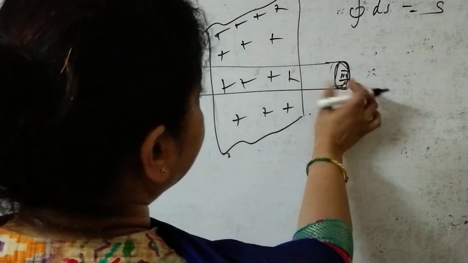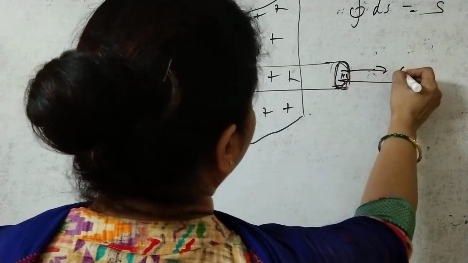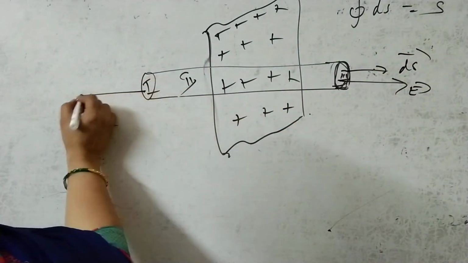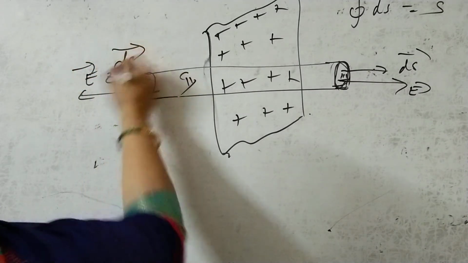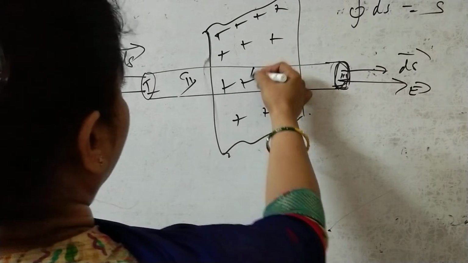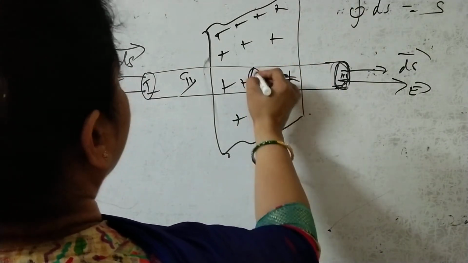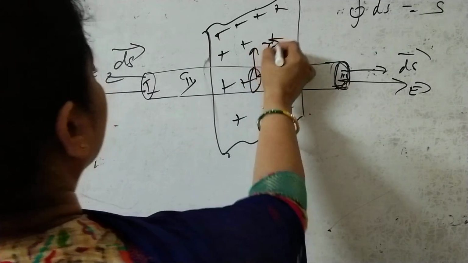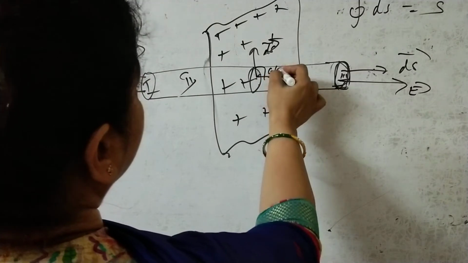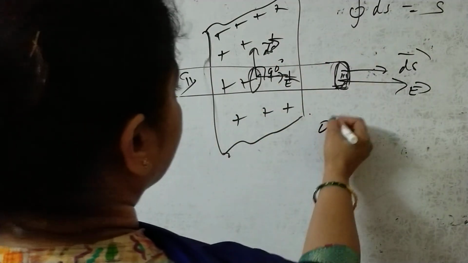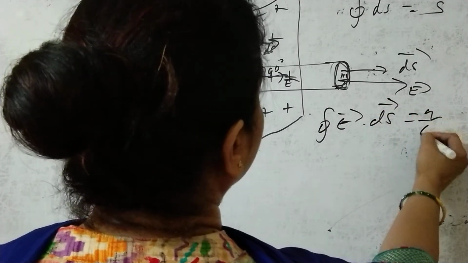For this part, the electric field is positive, going outward. The area vector is outward. For this part, the electric field is outward and the ds vector is also out. But for this surface, the electric field is in this direction, but the area vector is in the outward direction, so they make an angle of 90 degrees. If I go with the same formula, E vector dot ds vector equals Q by epsilon naught.